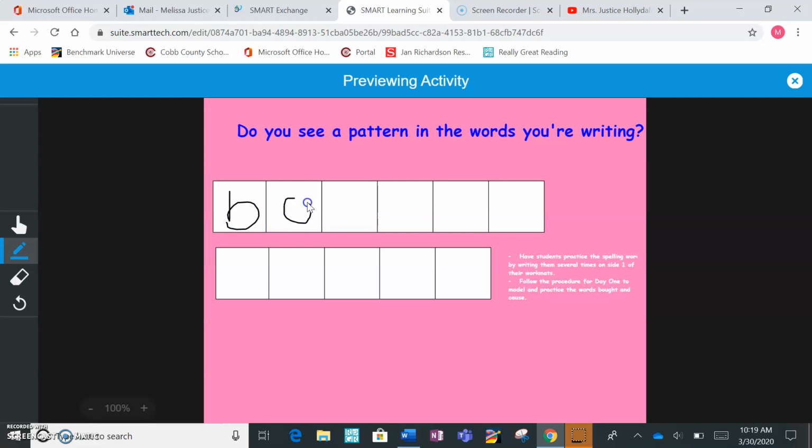It was an O and a U. And then we had two silent letters. What were they? G, H, and we had a T. That's the word bought. So pause the video for a second, and I want you to go ahead and write that three different times and read that word to yourself, bought. And maybe you could think of something that you've bought recently or your mom has bought at the store.